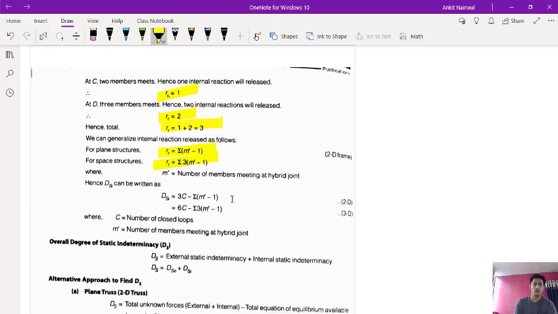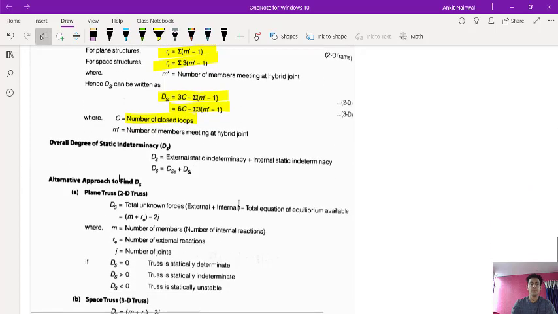Hence the degree of statical indeterminacy, the internal indeterminacy, can be written as 3c minus summation of m dash minus 1, and in case of 3D, 6c minus summation of 3 times m dash minus 1. Here c is the number of closed loops that I have already discussed. For overall static indeterminacy, the formula will be external plus internal, that is dSE plus dSi.